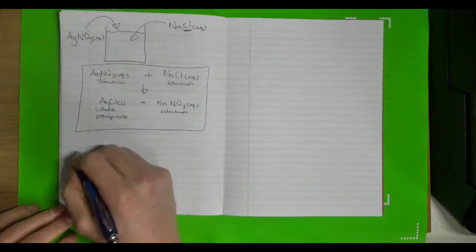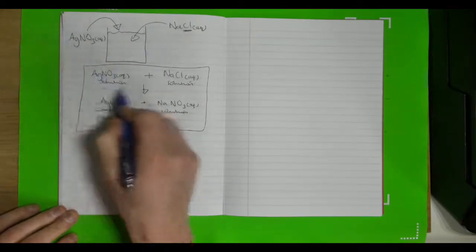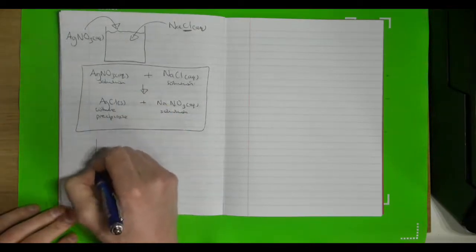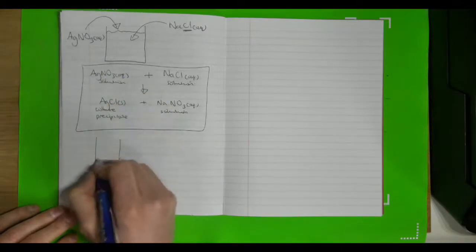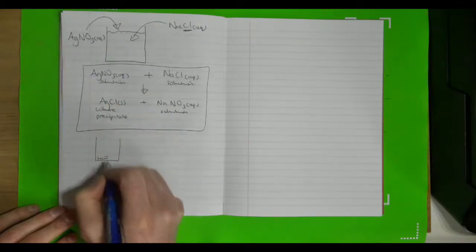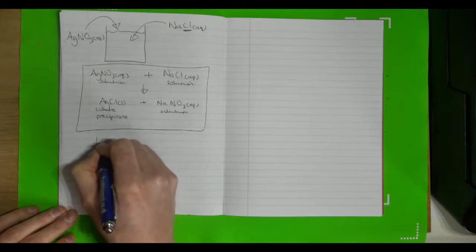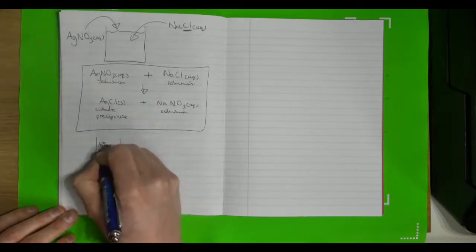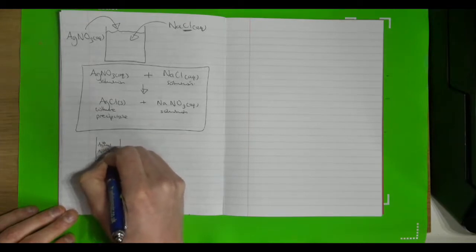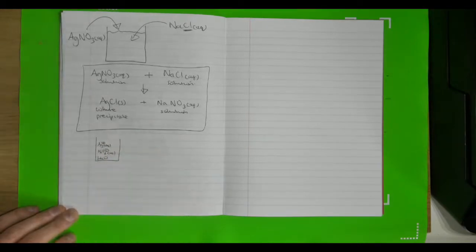So what we've got here, then, let's draw this out. Let's draw this solution here. I have a beaker here of silver nitrate. So I have water in there because it's a solution. I have silver ions floating around, and we'll have nitrate ions floating around in our solution.